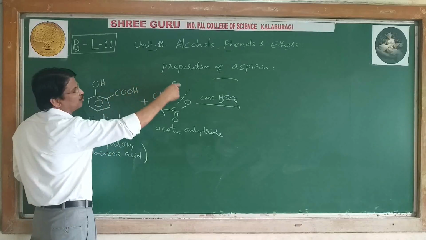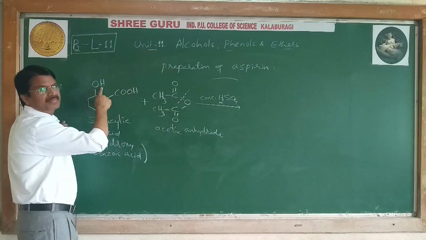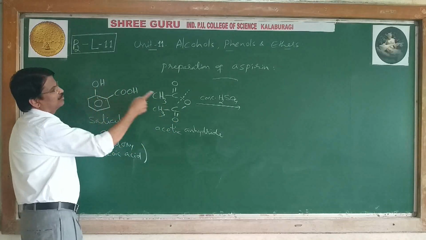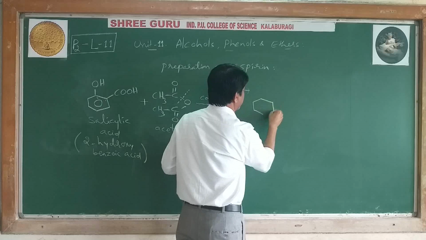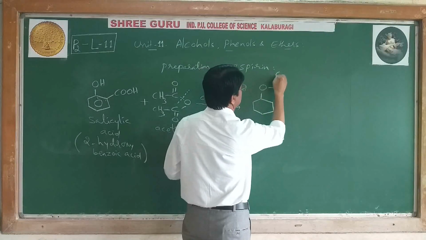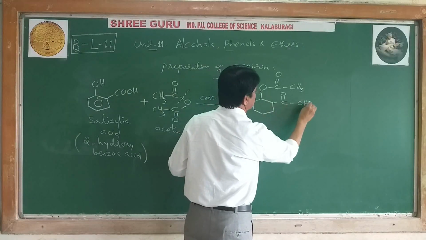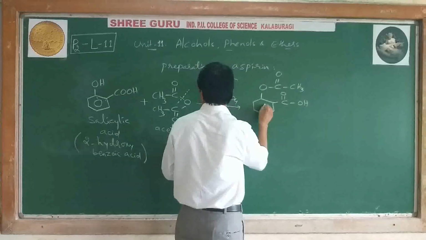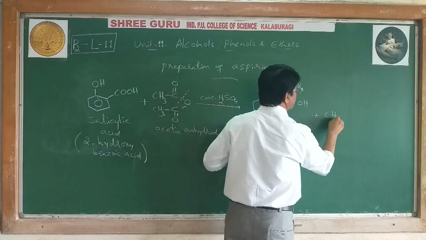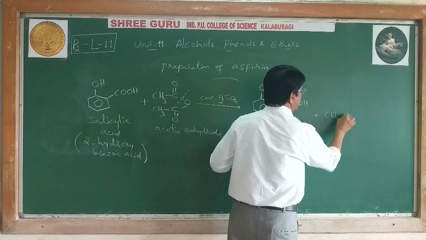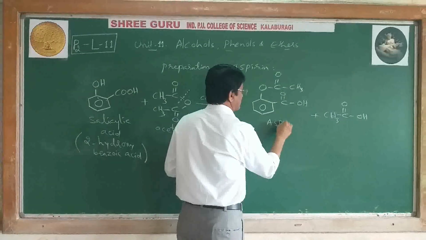Then H shifts to O. We get CH3COOH, acetic acid, plus the product with OCOCH3 and COOH. This compound is called aspirin.